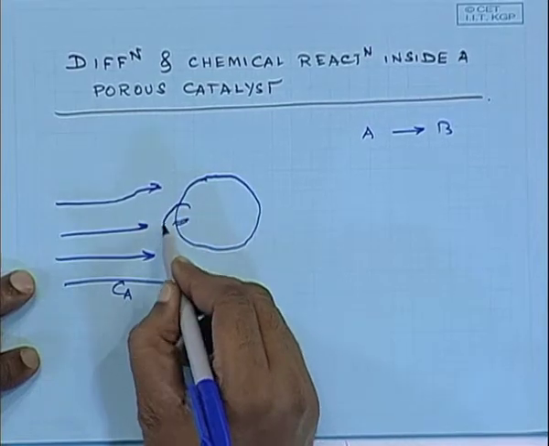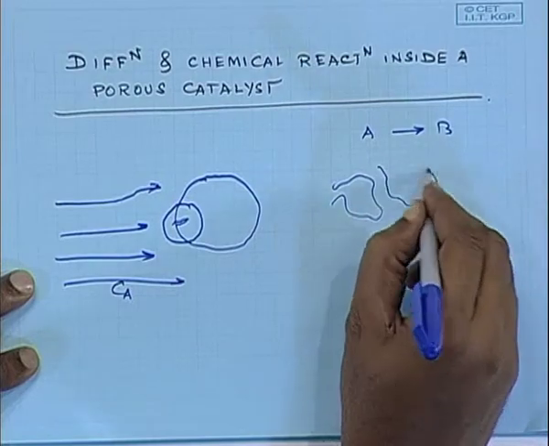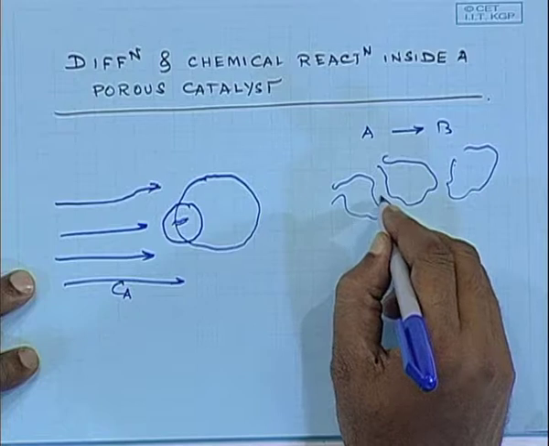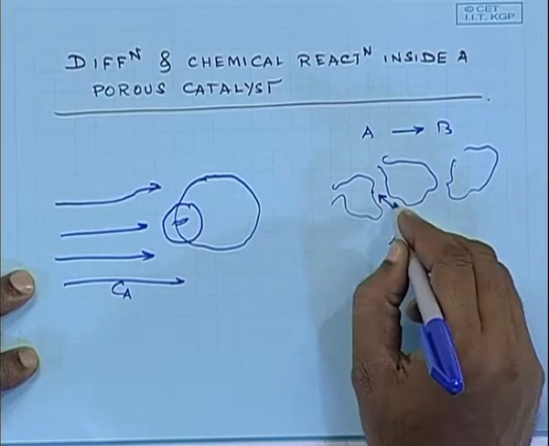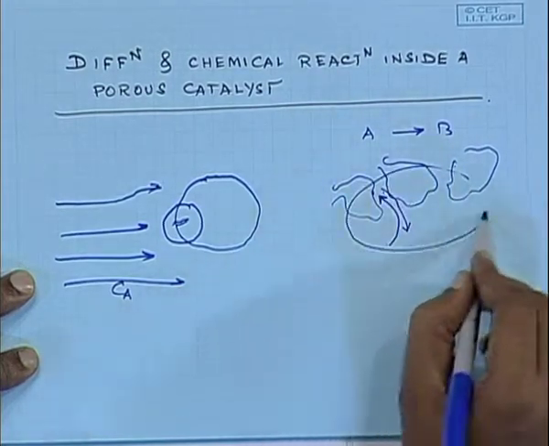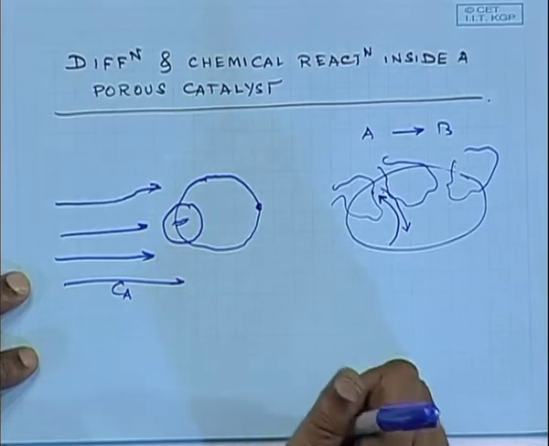So, if I magnify this region, the pores are in most of the cases irregular. Okay. So, the reactant has to move into the pore, reach the active site, get converted, and the product will come out. So, this is a magnified view of a very small point on the catalyst surface.